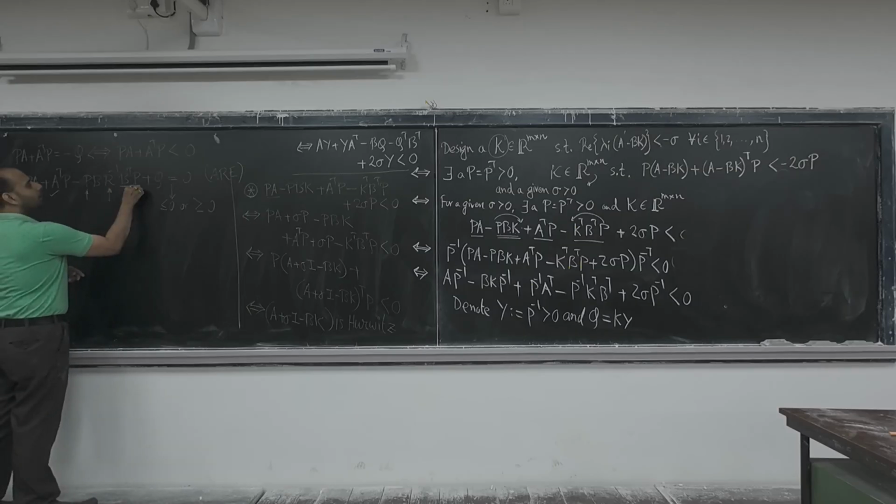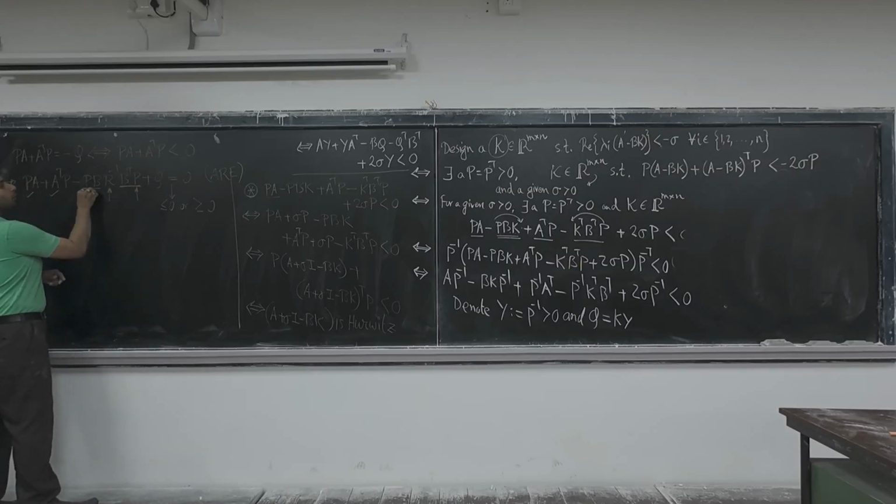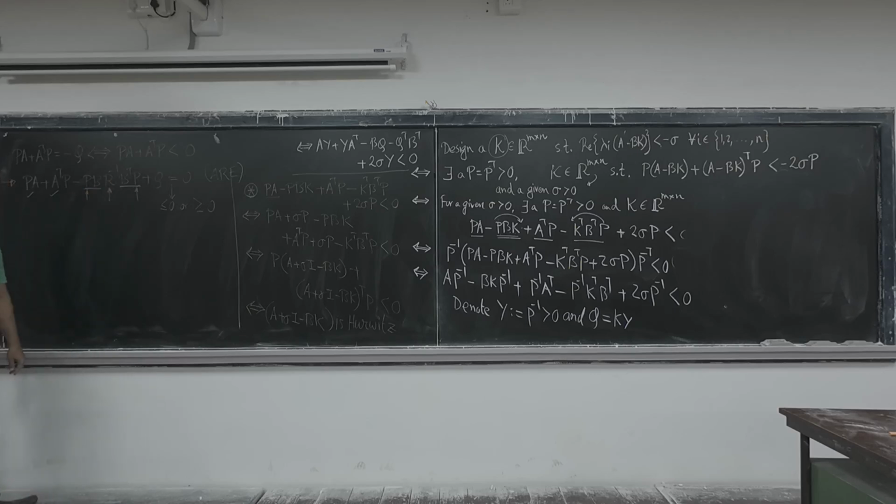Like this one is a transpose of this one, and in between you have something which is invertible. This type of thing, that's why I am about to write the Schur complement lemma. That is the best technique to be applied in such cases. Why?